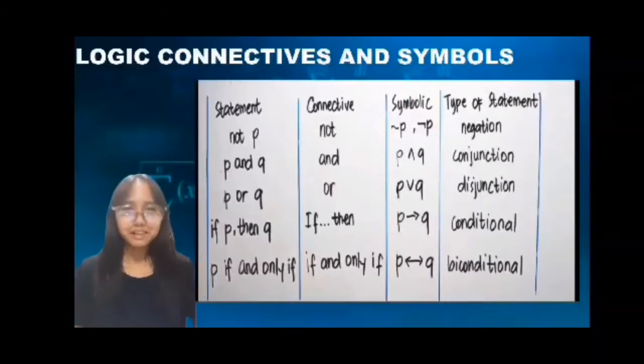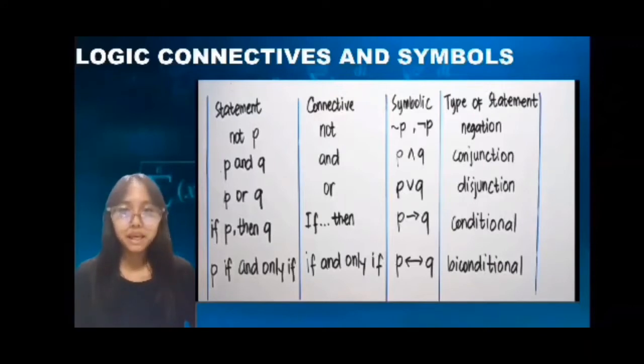Logic, connectives, and symbols. These symbols represent a mathematical statement. If the statement is not P, the connective is not. The symbolic is not P, the statement is negation. P is the representation of statement. Example, I will go to school. That is the example of a statement.